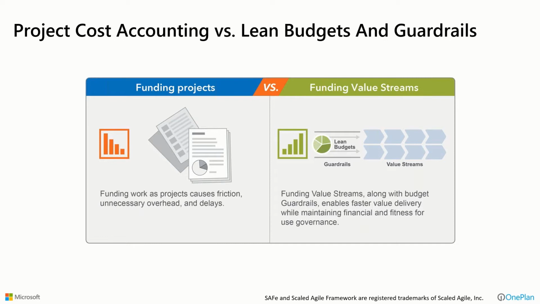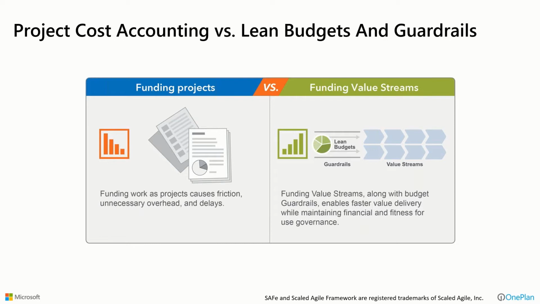Whereas if we look at funding at a value stream level, at a higher level in the organization, with some guardrails around how we would spend that money, it enables faster value delivery, but lets us allocate according to organizational priorities of what we say the business that we're in and what value streams we're going to deliver to our customers, and then allows individual projects that are part of those value streams to consume that budget overall and not try to justify their funding individually.